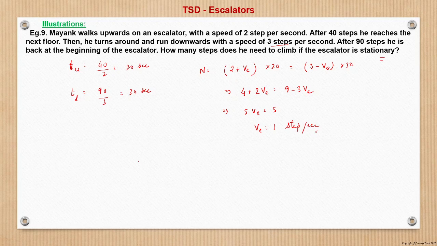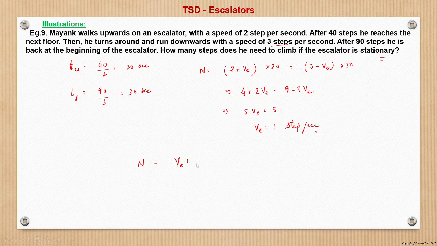Right. So if the escalator is not moving, n remains constant. Here the escalator speed VE is 0.